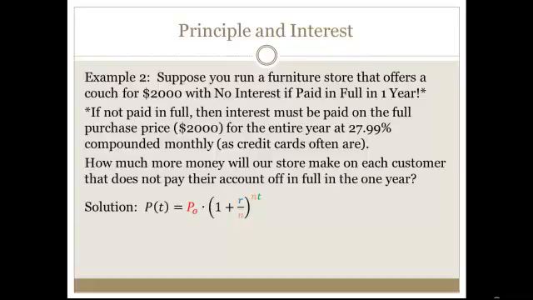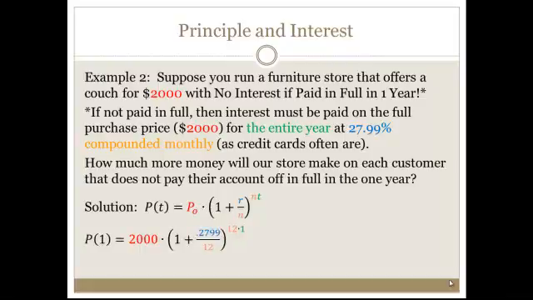To figure this out, we need to use the model P(T) = P0 times (1 + R/N)^(NT). With P0 being 2,000, T being 1 for the entire year, R being 27.99%, and N being 12 because we compound monthly.